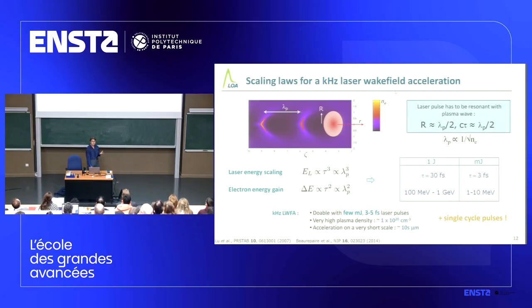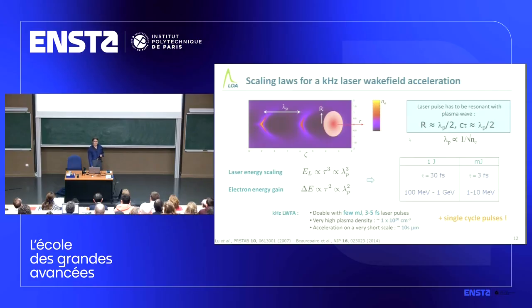So this leads to some scaling laws that link the laser energy with the duration of the laser and the plasma wavelengths needed, and another scaling law that links the plasma wavelengths, the duration of the laser, with the potential energy gain of the electrons that we accelerate.